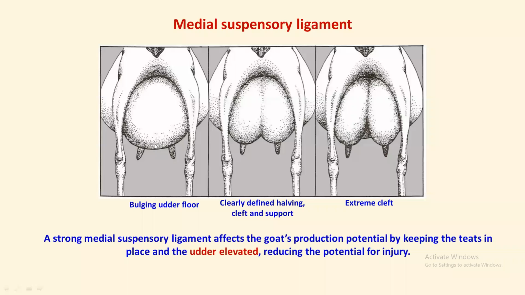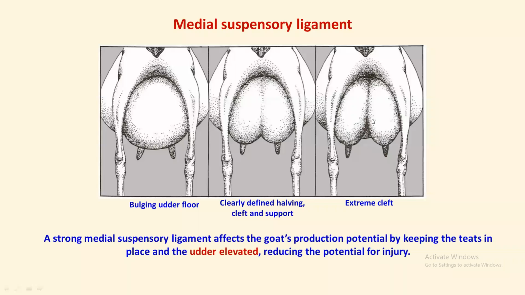From there, you take the measurement up to the cleft, the point where the left and right udder are separated. You see in the last picture, there you can see a deep cleft. That will be your udder cleft.